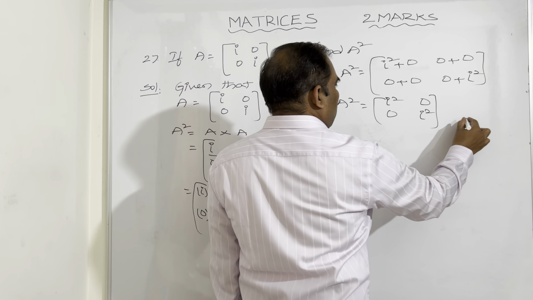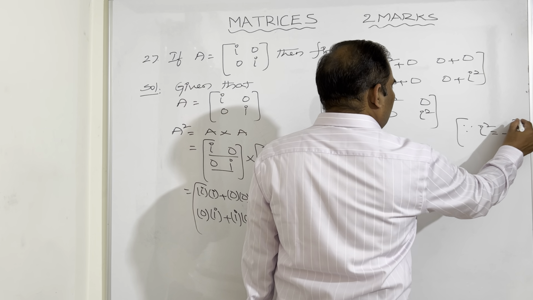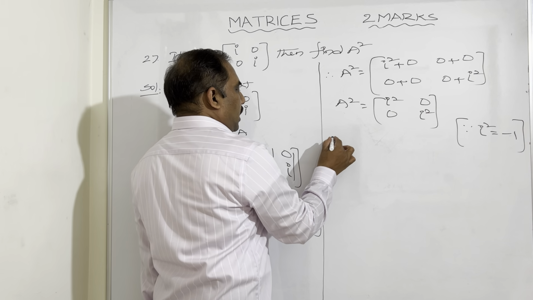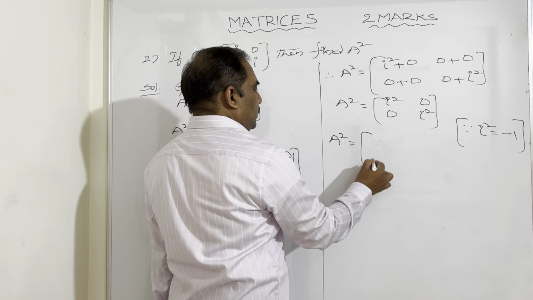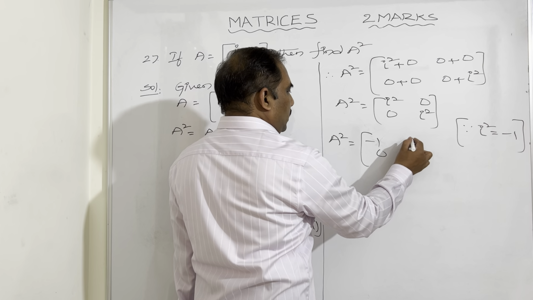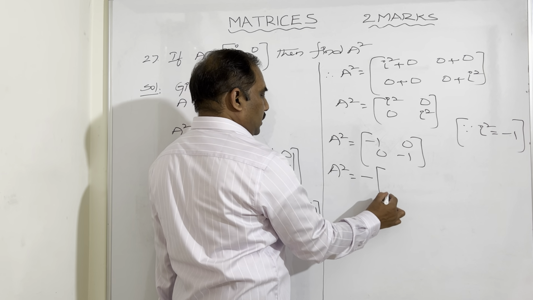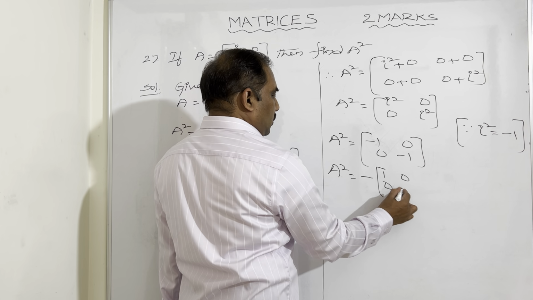We know that i square value is considered as minus 1. Wherever i square is there, replace it by minus 1, so we get [[-1, 0], [0, -1]]. Further you can write this as minus of [[1, 0], [0, 1]].